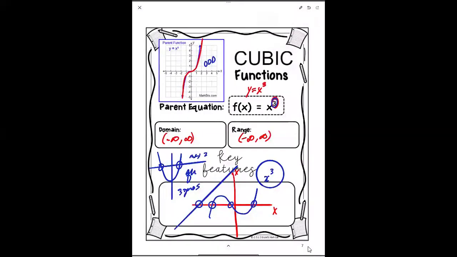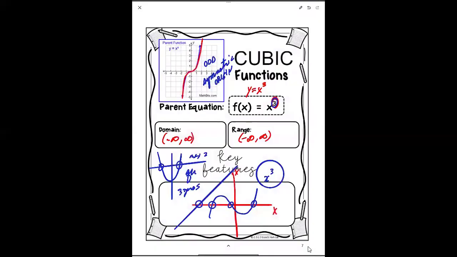If you flip this way, does it change? It didn't change. This is going to be symmetric about the origin. We won't need that fact in Algebra 1, but you will need something like that in Algebra 2.